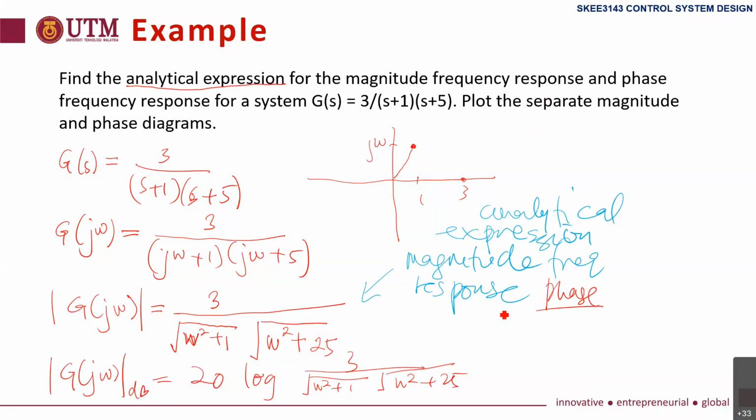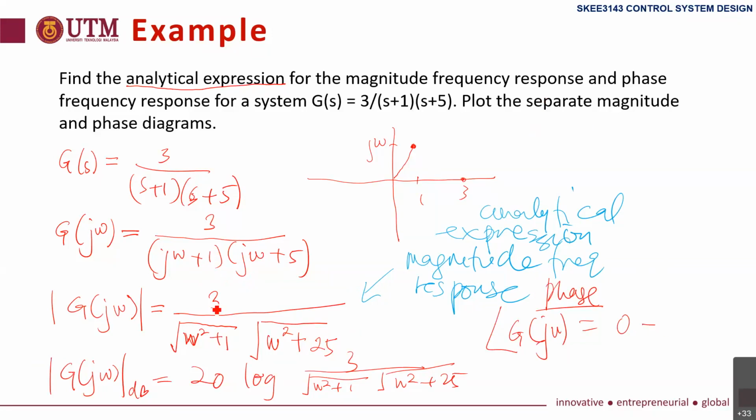For the phase, G of omega equal to 3 has phase 0, because it is on the real axis, 0. Again, when we have a denominator, we have to subtract.